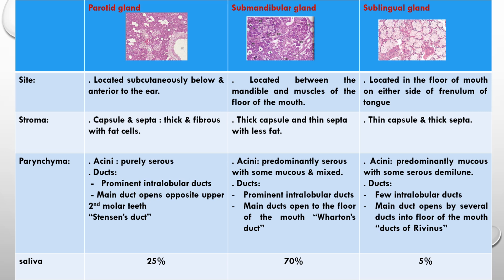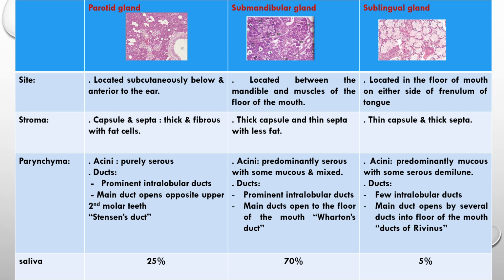The submandibular gland is located between the mandible and the muscles of the floor of the mouth, while the sublingual gland is located in the floor of the mouth on either side of the frenulum of the tongue.